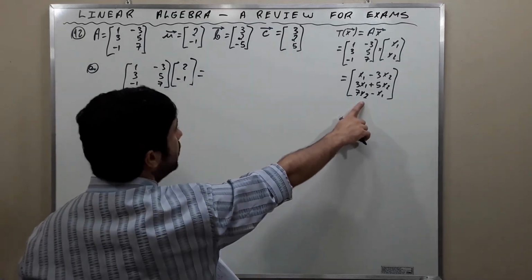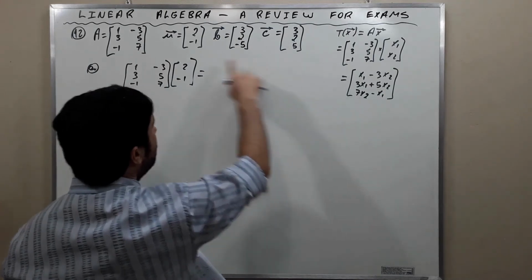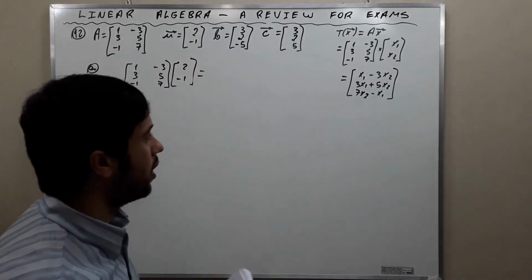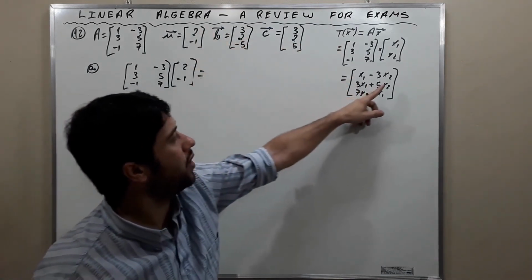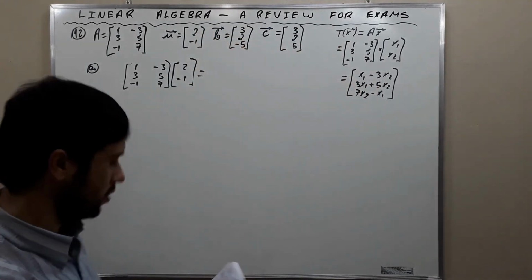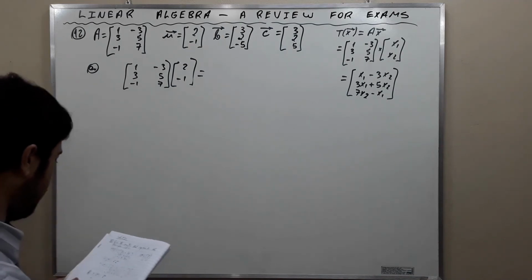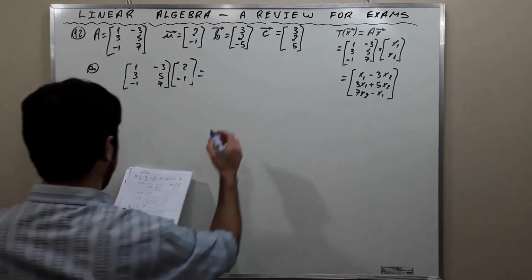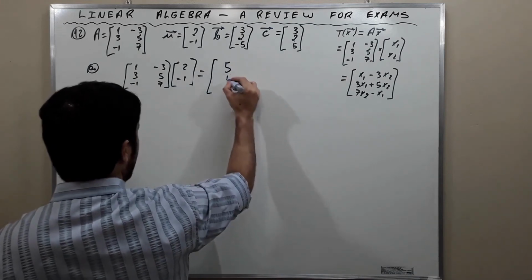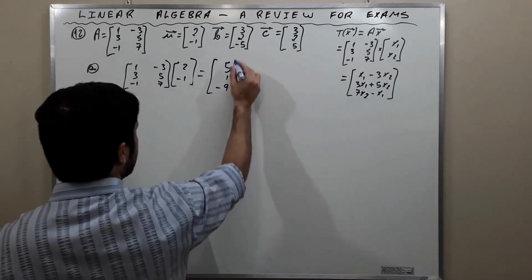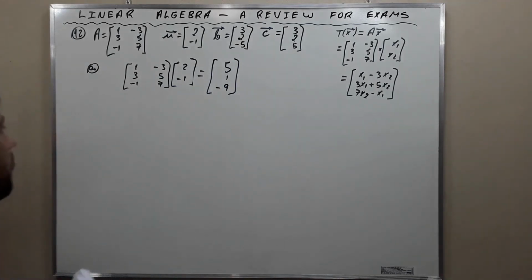We simply use the coordinates of vector U. Where there is x1, we put 2. Where there is x2, we put -1. And then we find the vector 5, 1, and -9. All right? This is the image.